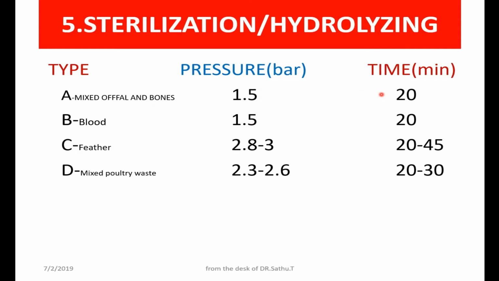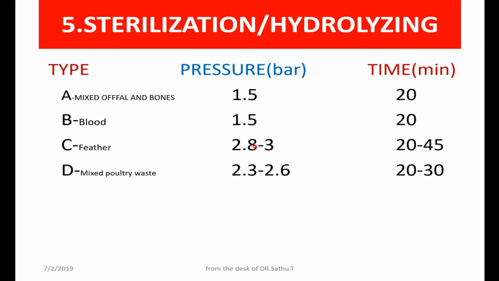In the case of feathers, more pressure is required. So we have to go to around 2.8 to 3 bars. Because the feather contains keratin protein, and if you want to hydrolyze this keratin, we have to subject it to high pressure.